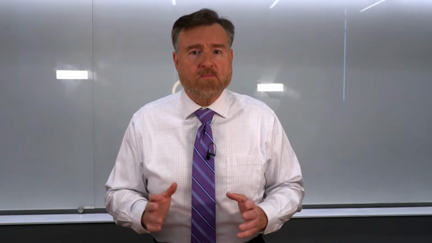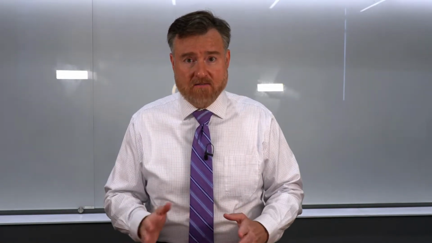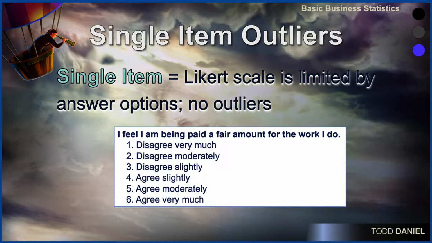That doesn't mean that because the outlier is legitimate, it won't cause problems. In fact, outliers will still cause problems regardless of their cause. However, what we choose to do about those outliers will depend upon whether those outliers truly do belong in the data set or not. A second example of a single item would be a Likert scale that is limited by answer options, such as 1 being disagree very much, up to 6, which means agree very much.